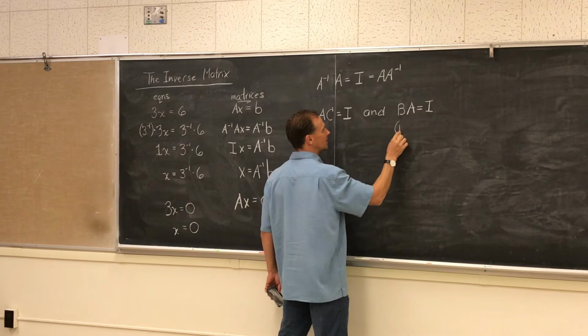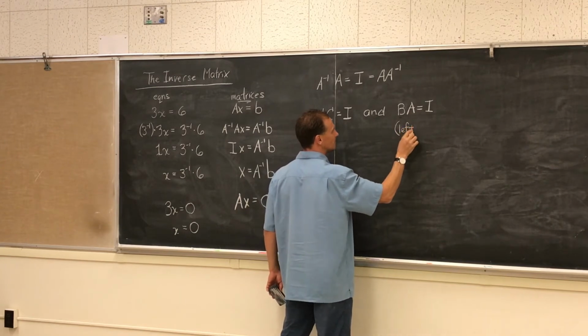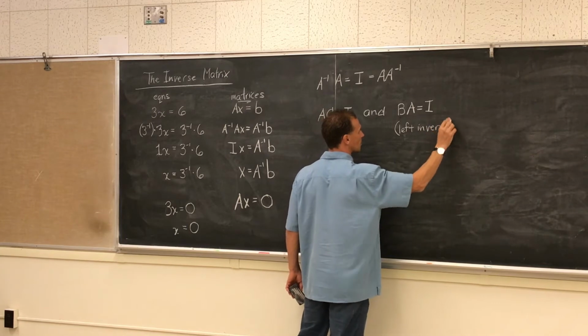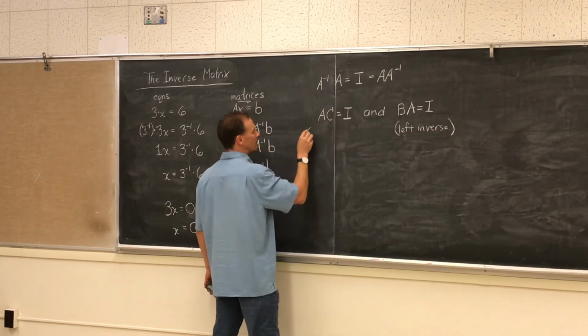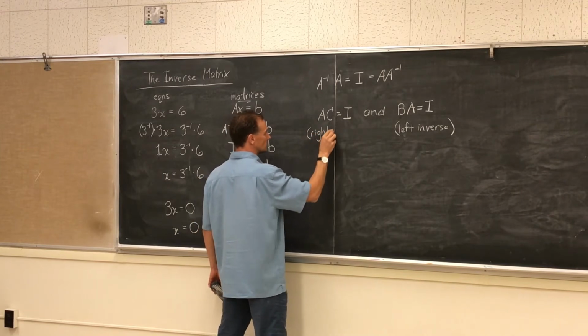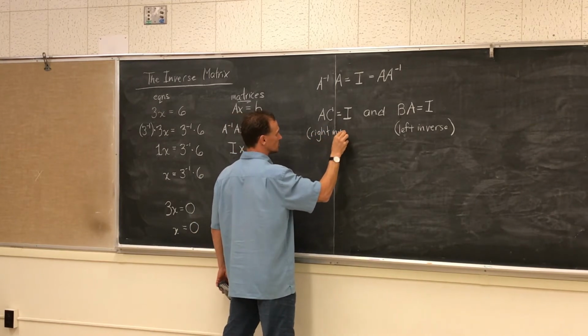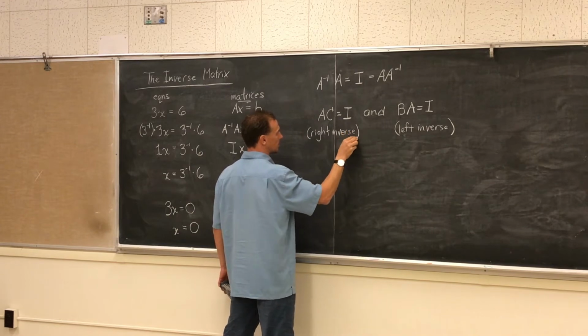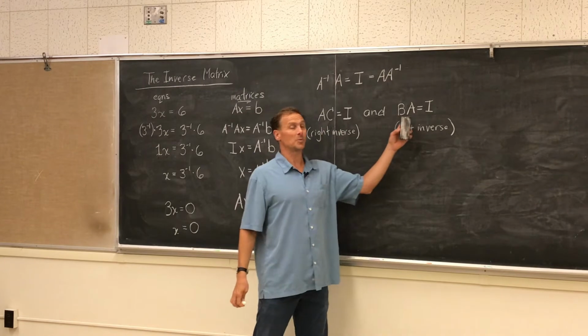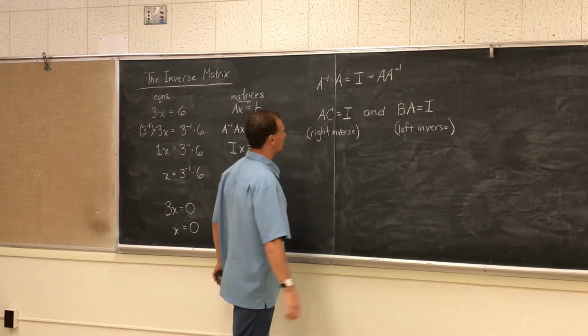B would be a left inverse. C is a right inverse. So the question is, does C equal B? Let's find out.